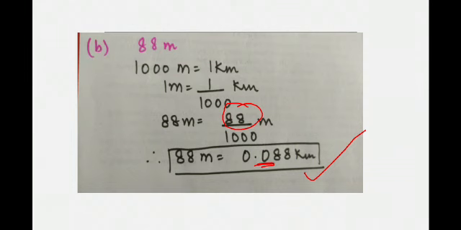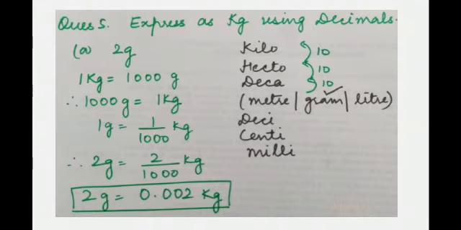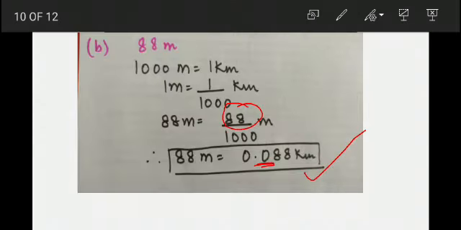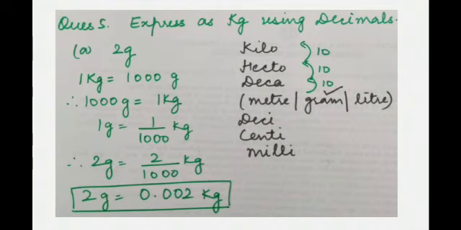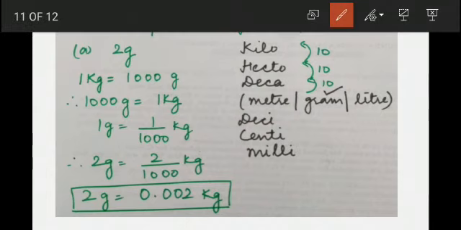Right? Now if we move further, we have expressing of grams into kgs using decimal. Again you can see now the units over here are the units of weight, like grams. Earlier we have done the units of length. Now when we are going to convert grams into kilograms, we are going from a lower unit to an upper unit.